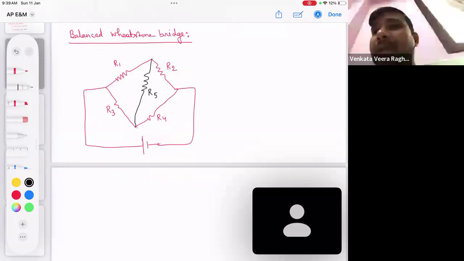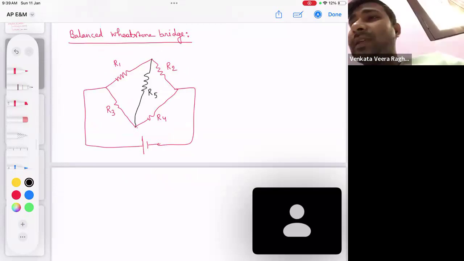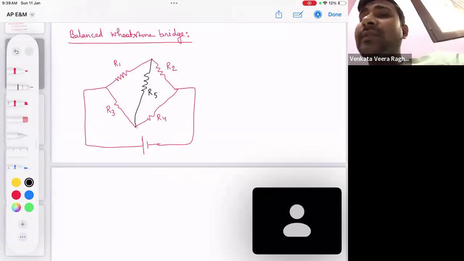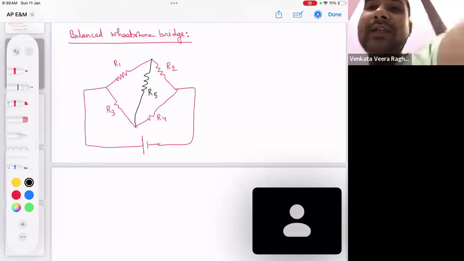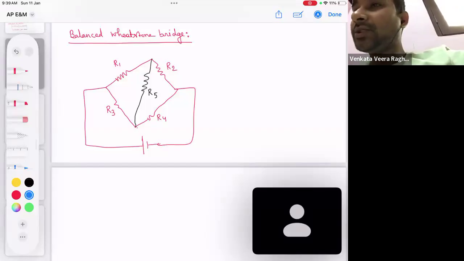Now, if we maintain some particular value of this R1, R2, R3, R4, then what will happen? Then it will be called the bridge is in the balanced condition. This bridge is called the balanced Wheatstone bridge. So what is the condition required for balancing the Wheatstone bridge?